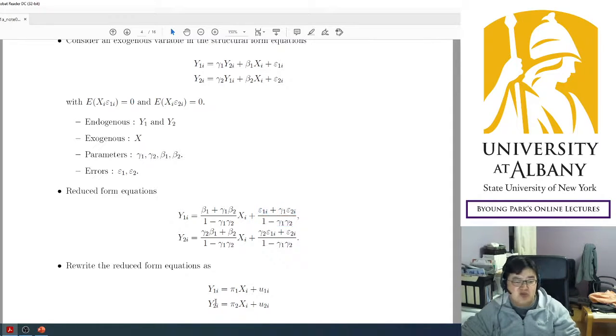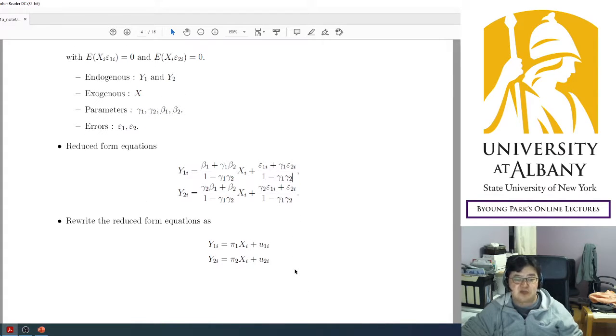So we are going to rewrite the reduced form equations in this way: y1 is some parameter times x plus some error. The parameter pi1 is this, and u1, the new error term, is this.